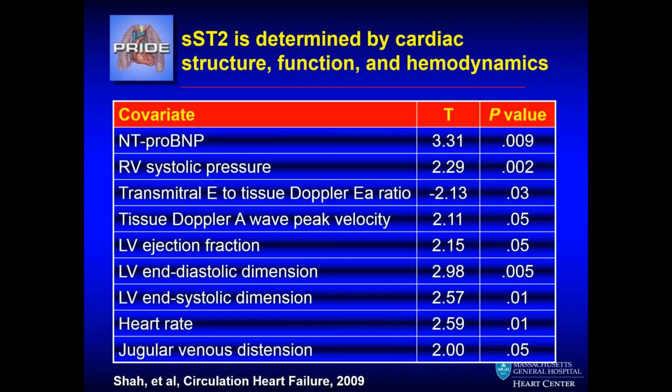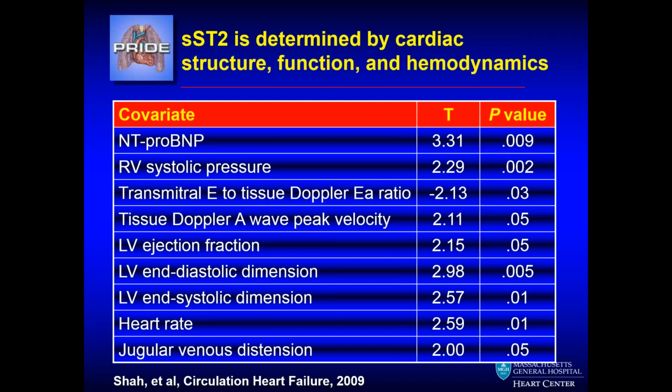And what we found even back then was that elevated values of ST2 strongly associated with the presence of structural heart disease, including both systolic and diastolic dysfunction, but particularly strongly predicted by pulmonary artery pressures and right-sided heart failure. So it really identifies a patient population with a more decompensated cardiovascular structure and function picture.